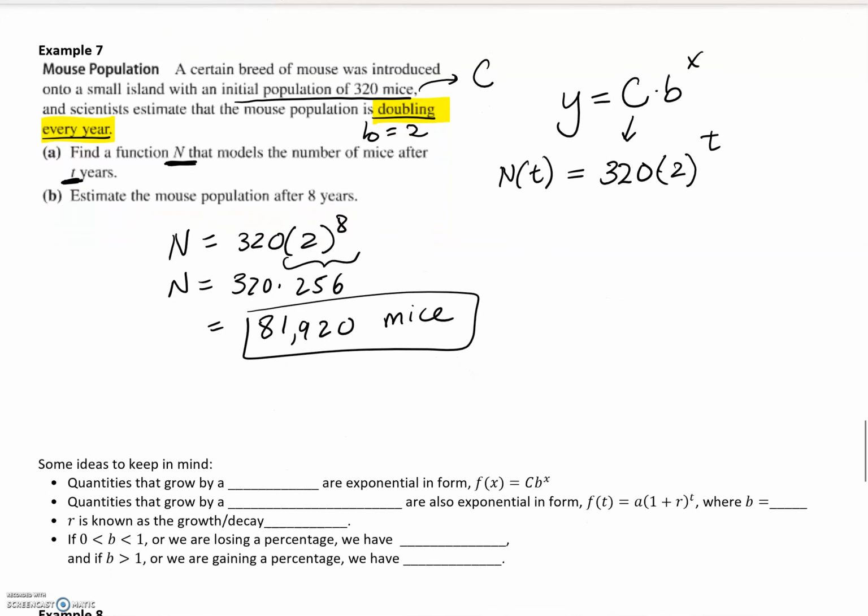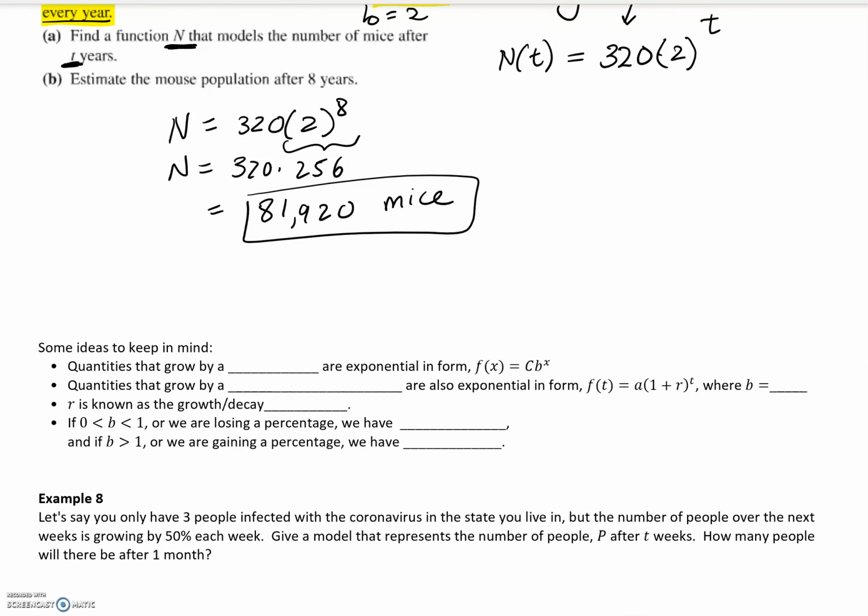Okay, let's keep some of the things we learned in mind and connect it to percentages that could also relay exponential growth or decay. Quantities that grow by a factor, which is what we talked about, that factor b, are exponential in form, and they have c b to the x as the equation.